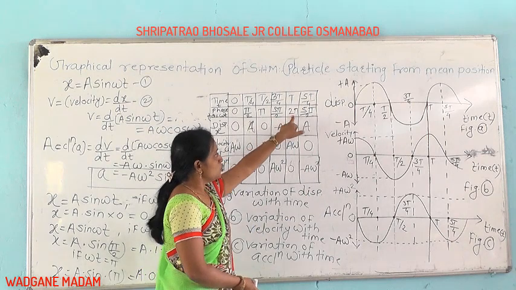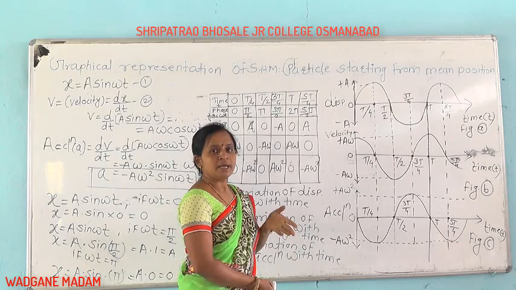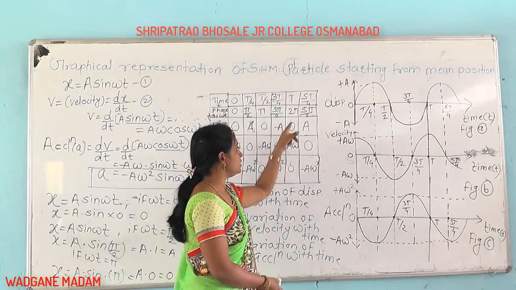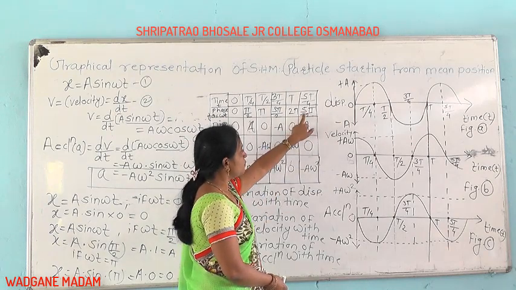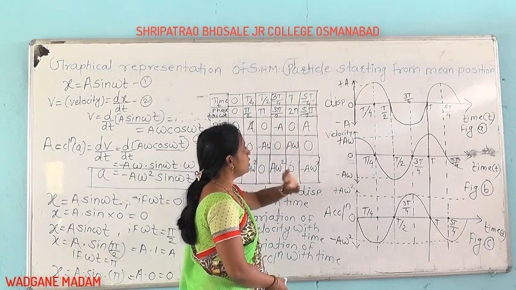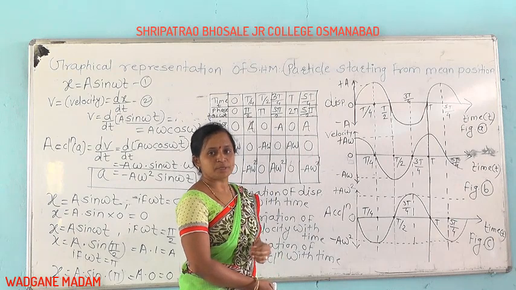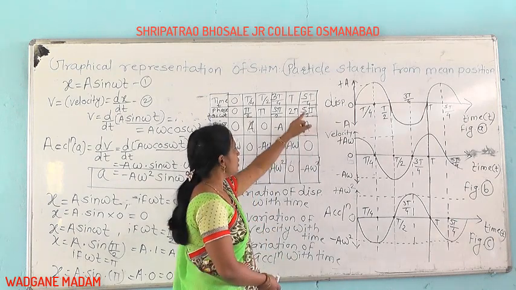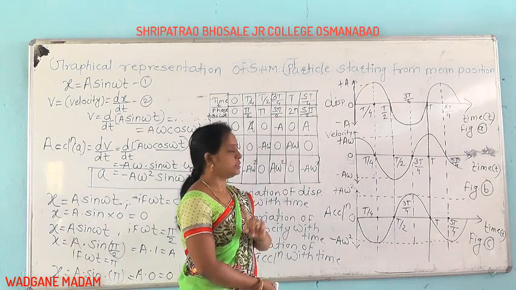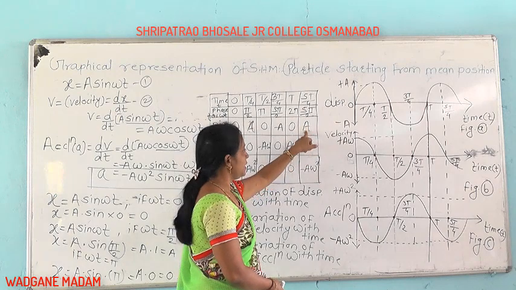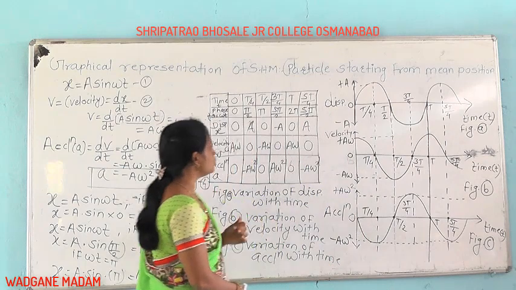At 2 pi, x is equal to a sin 2 pi, which is again 0. After that, at time interval 5T by 4 and phase 5 pi by 2, by putting the value in x is equal to a sin omega t, sin 5 pi by 2 is 1. Therefore, we get displacement again a.